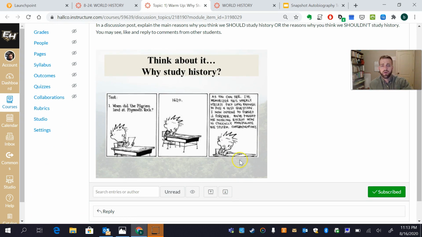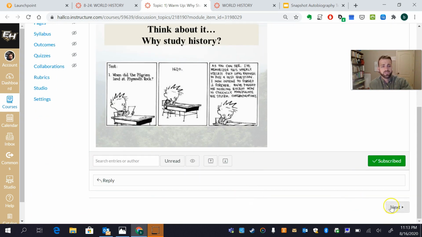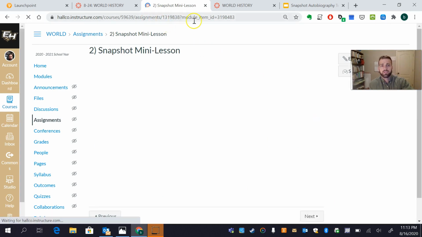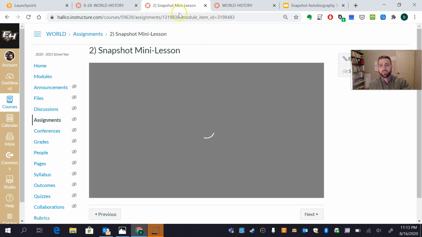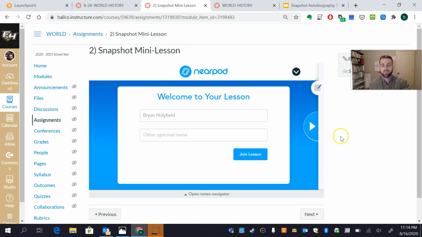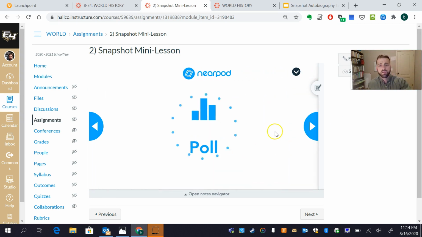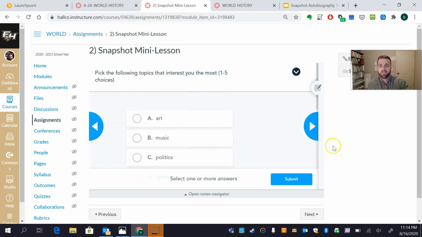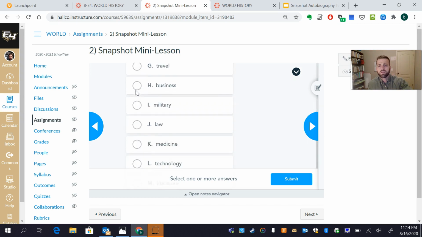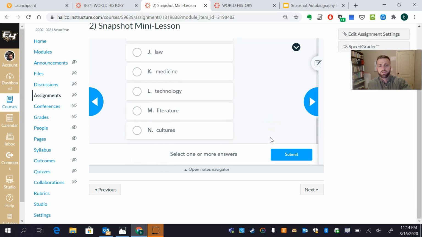Students will complete that warm-up, and then the next thing they will see, they can either navigate here, or they can go back to that home page if they'd like, that Google slide. For the Snapshot mini lesson, Canvas is integrating here with Nearpod, and I've set up an idea where students select some of the topics that they enjoy looking at the most.